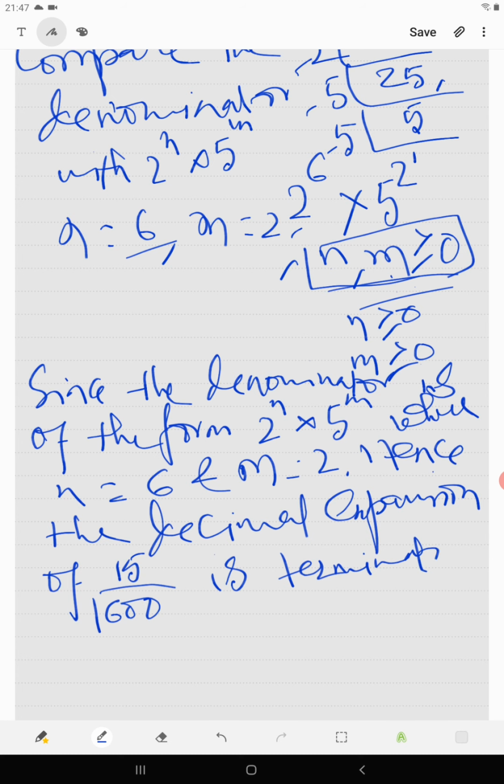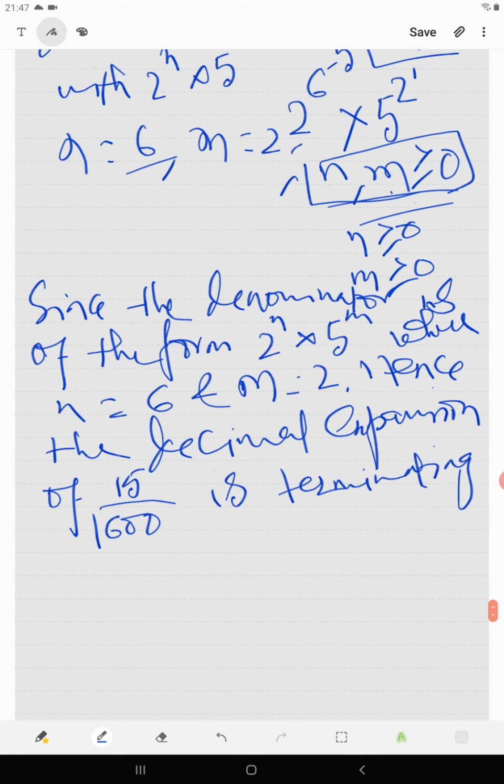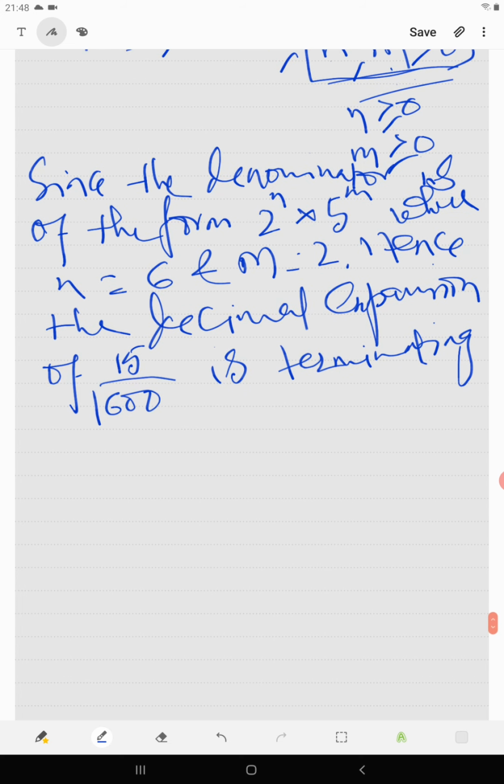As simple as that. Since we were able to convert this to the form 2 to the power n into 5 to the power m, and also n and m are greater than or equal to 0, hence it is terminating. Okay, let's move on to the next problem.